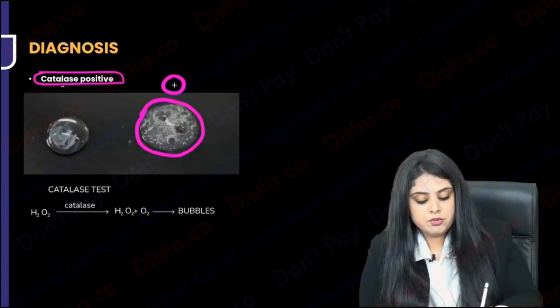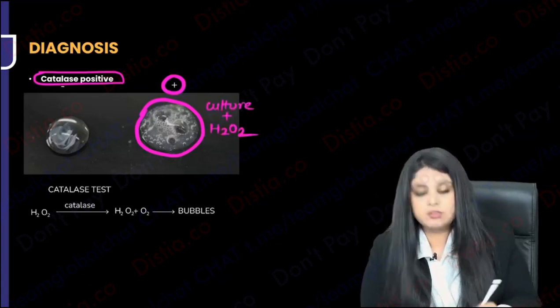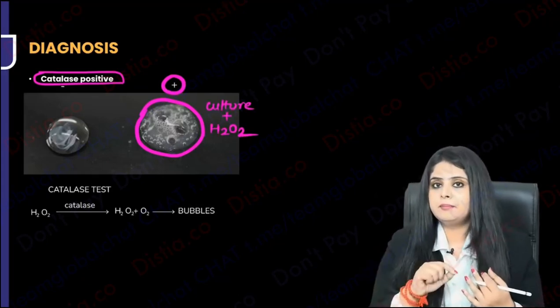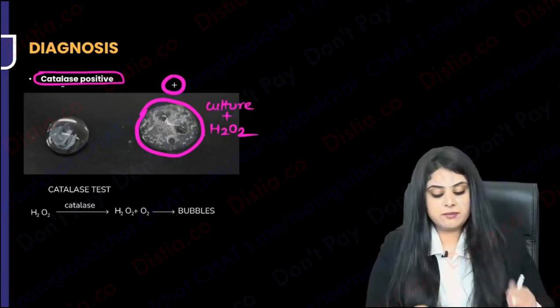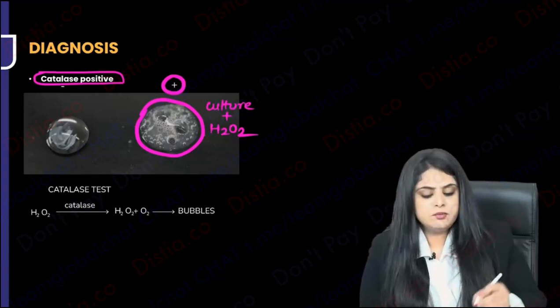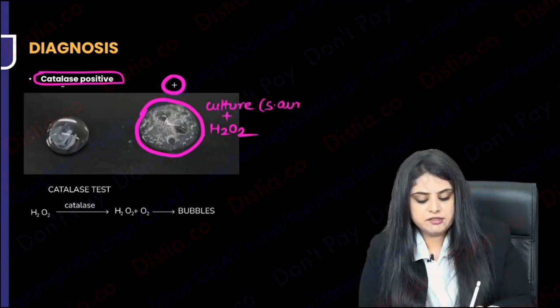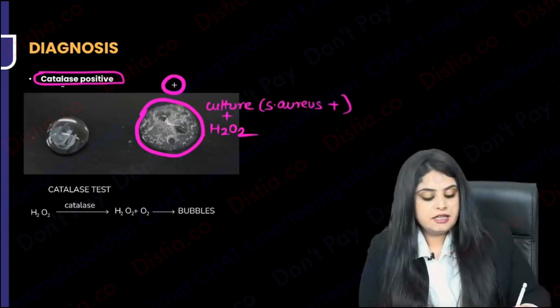Okay, but what is the concept? You know what you do? You take the culture broth and you add a little bit of H2O2. This is what I am doing. I'll take a little bit of sample from the patient. I will add H2O2. Why am I doing that? Because let's assume it is Staph aureus. If Staph aureus is there, this means catalase is there.